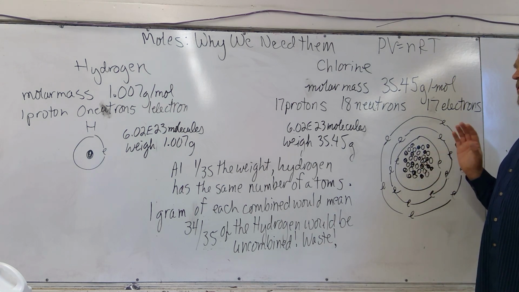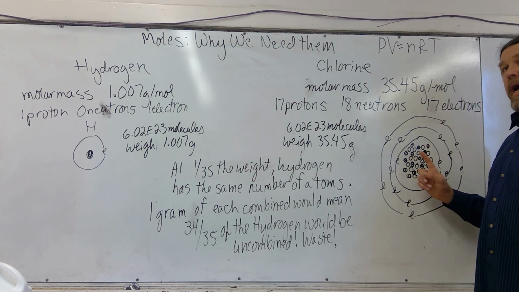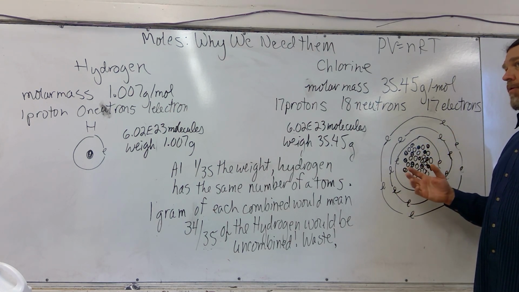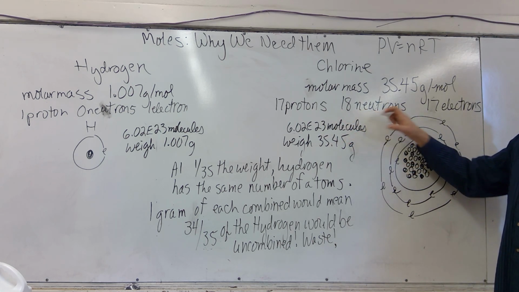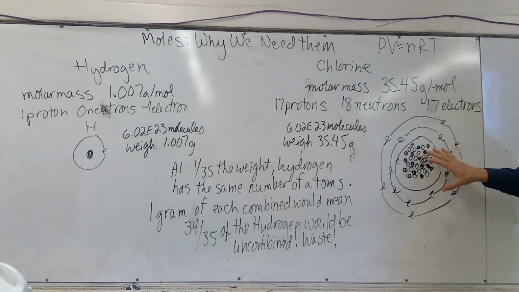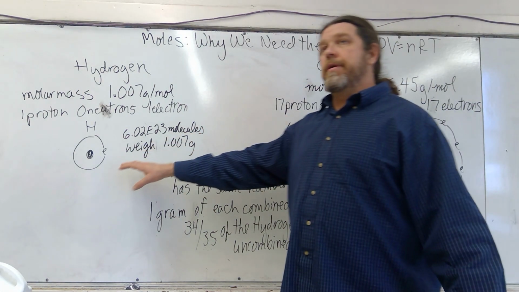Chlorine, however, is 35 times the mass of hydrogen for just one atom, or the same collection number of atoms, because chlorine has 17 protons, 18 neutrons, and 17 electrons, a much, much bigger atom. It doesn't matter that this is 35 times heavier than this is.